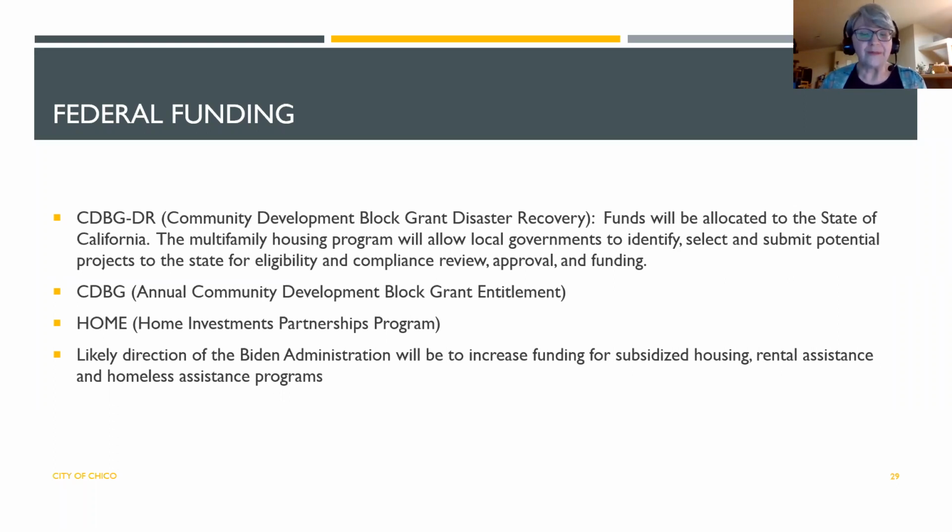So these are block grant programs that the city's been participating in for a number of years that provide very necessary funding that can help support the development of new housing, either through the development of infrastructure or, in the case of the HOME funds, funding for the housing development itself.